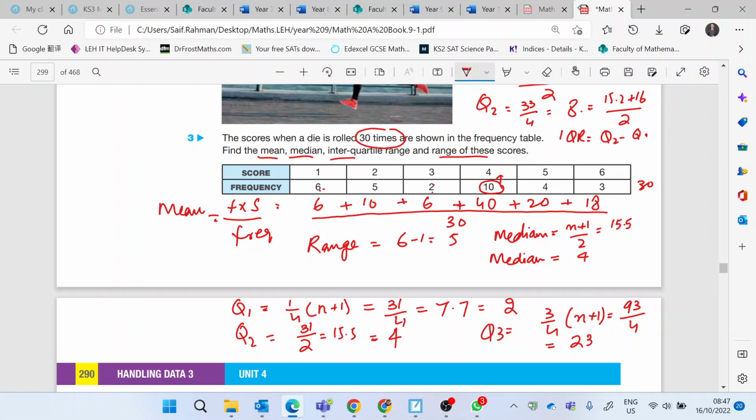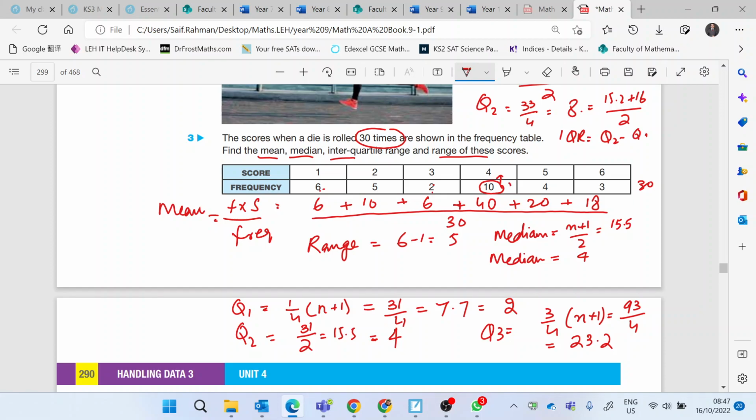So that means the 23rd and 24th value. Okay, so now let's see where the 23rd and 24th value falls. 6 plus 5, 11, 12, 13. 13 plus 10 is 23.